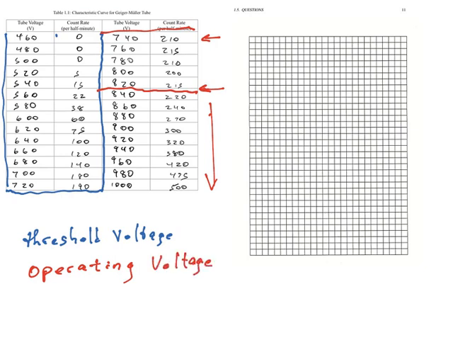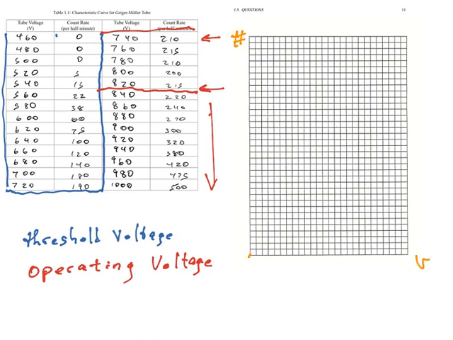This is what's called a plateau region, because let's say we were to plot this. If I wanted to plot this stuff, let's do count rate, so number of counts versus voltage.